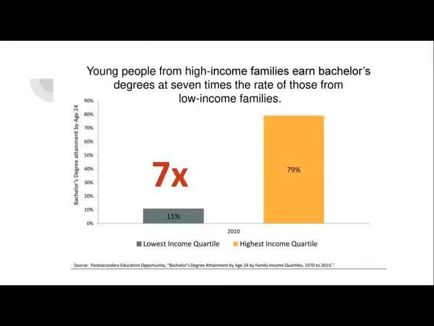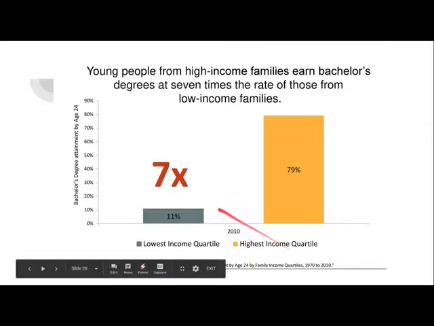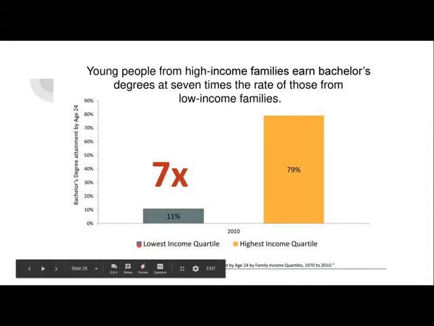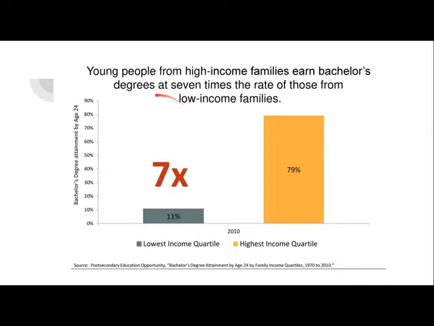Second is that you can see here, there's something wrong with the education system, because a family with a higher income is 7 times more likely than a family with a lower income to obtain a bachelor's degree. So that says that the system favors rich people and it should be fixed.